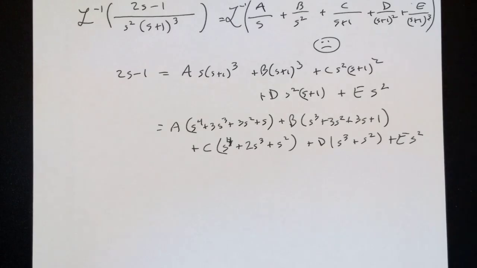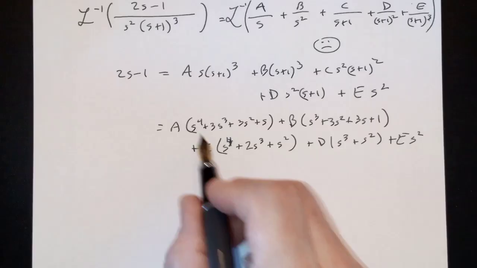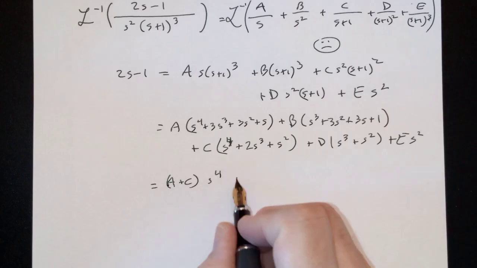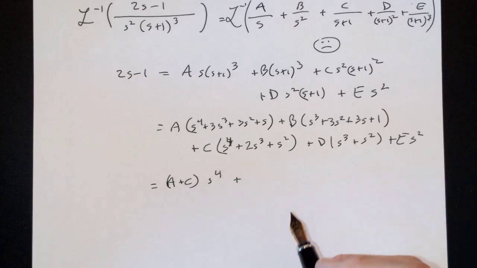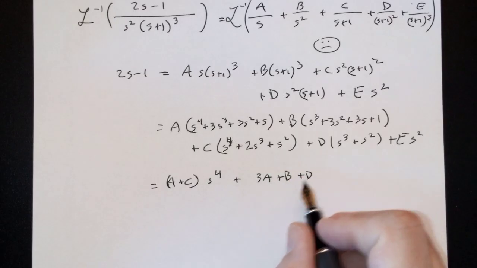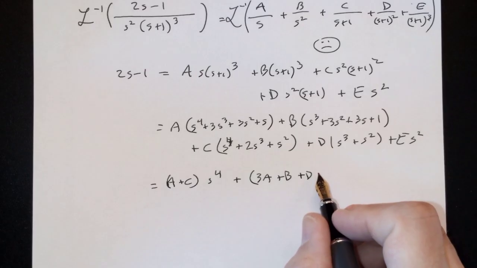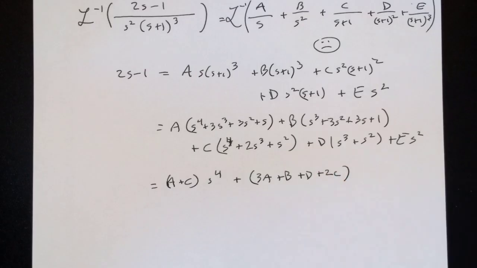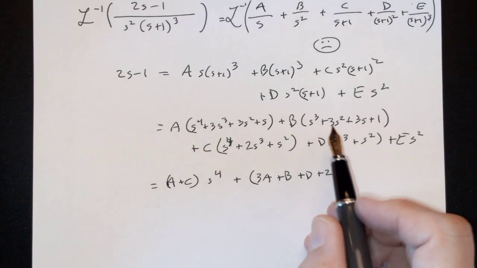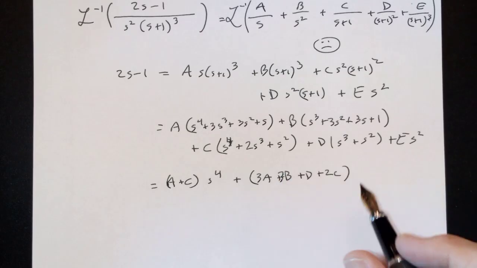So what do I have for s to the fourth? For s cubed, I got 3A plus B plus D. Oh, plus 2C, right? S cubed, s cubed. Oh, 3B. I can keep track.